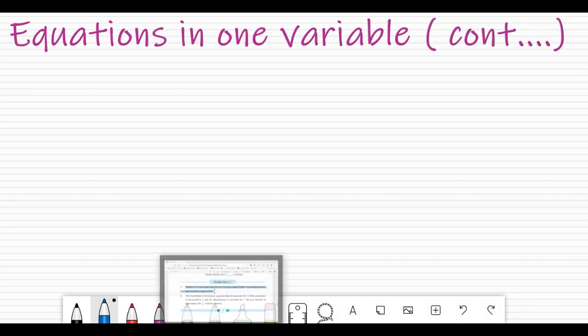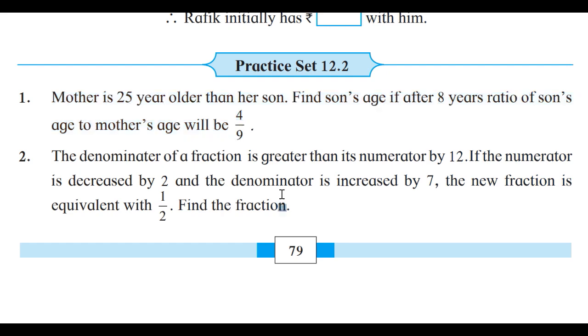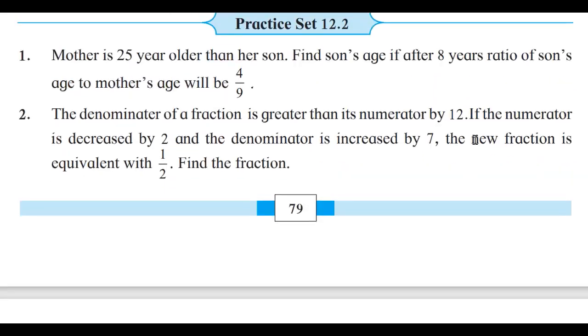So let me go to your textbook where we can pick up some questions and develop an equation to solve it. This is from the practice set number 2 of your textbook, where the first question is: mother is 25 years older than her son. Find son's age if after 8 years the ratio of son's age to mother's age will be 4/9. Two or three things are given.